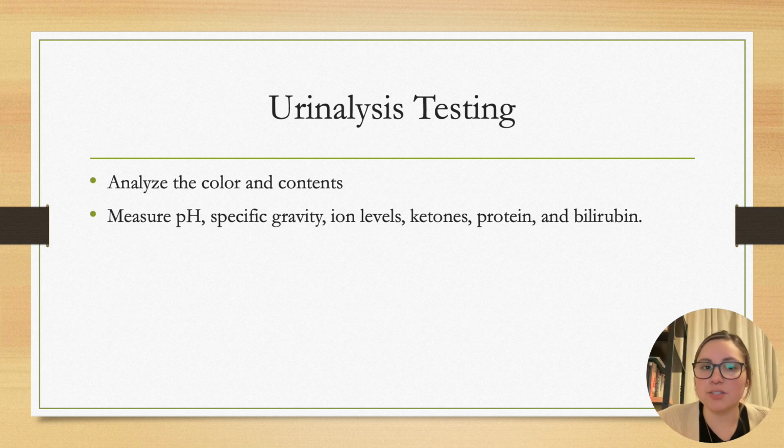The color and the appearance of urine can be indicative of a person's health. The acidity or alkalinity of urine can also be used as a good initial indicator of respiratory, metabolic, and renal conditions. Specific gravity of urine is used to measure the ability of the kidneys to concentrate or dilute urine.